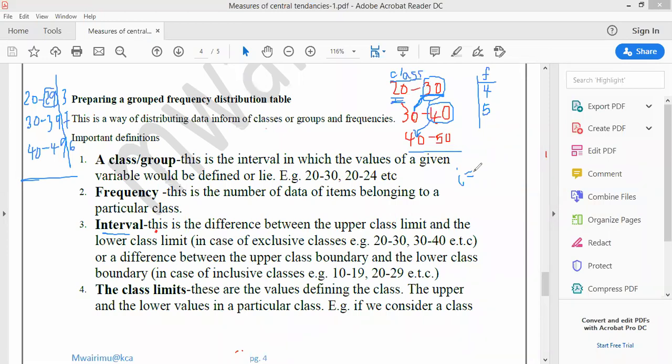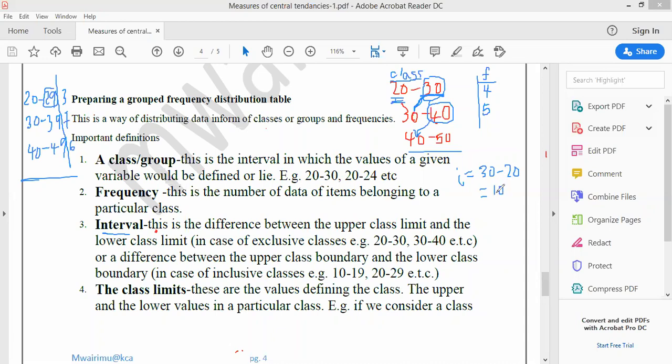The class interval in the case of exclusive classes is given by the difference between the upper limit and the lower limit. For example, the first class of 20 to 30, its class interval will be given by 30 minus 20. And that gives us that in that class, it has an interval of 10 items.